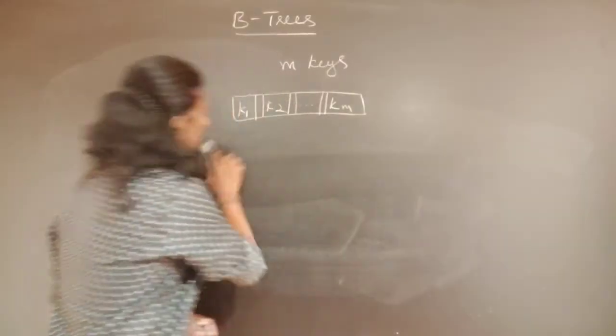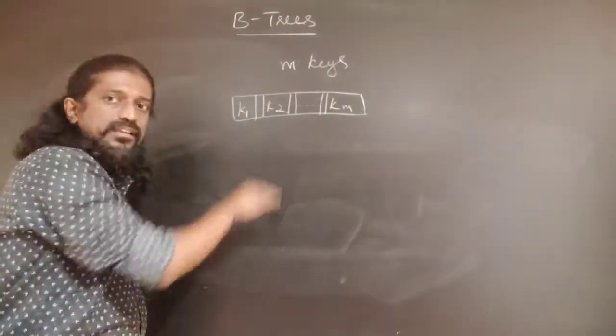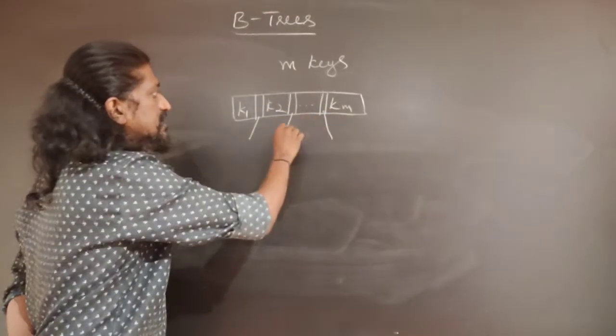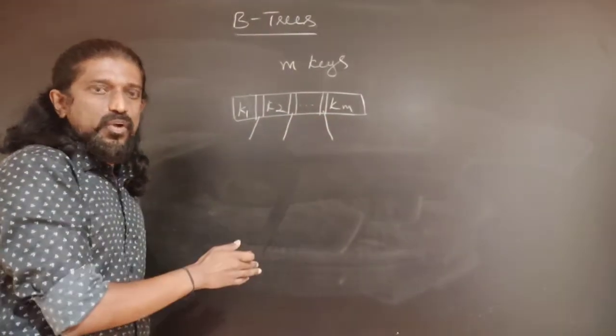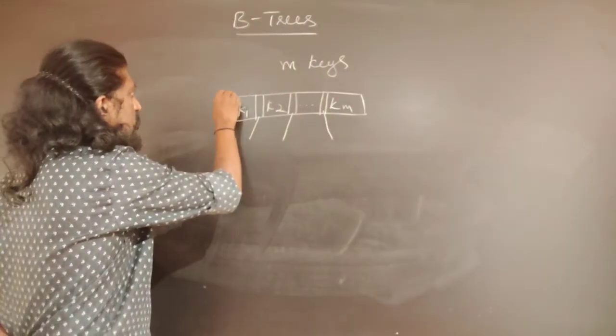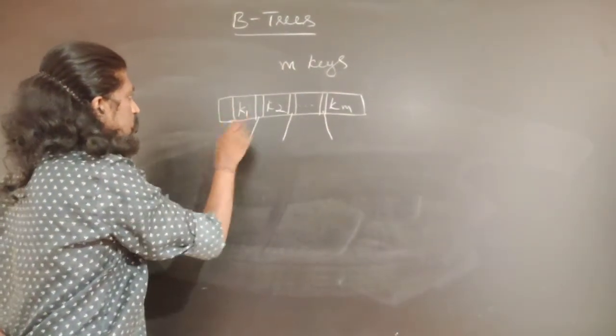And these references at the upper levels will be references to their descendants, the lower level index blocks. There will be a reference to the left of k1 also.